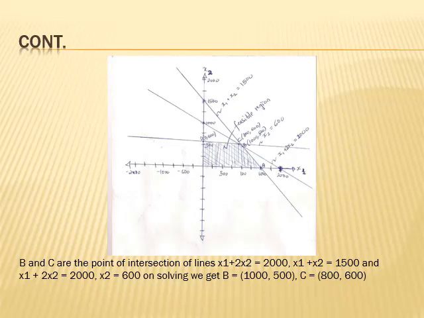D is (0, 600), from the last, third constraint.